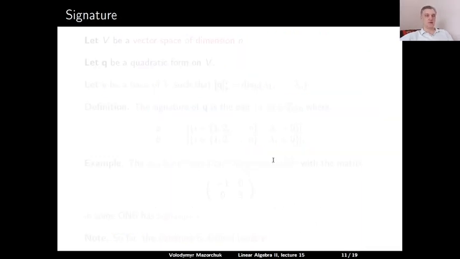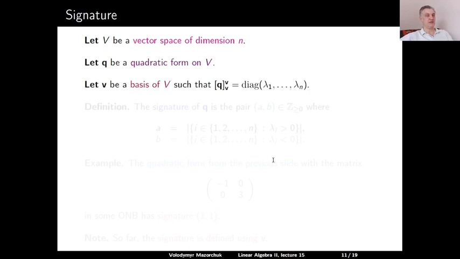Let us also talk about the signature of a quadratic form. Let V be a vector space of dimension n. Let Q be a quadratic form on V. Let bold V be a basis in V such that the matrix of the quadratic form in this basis is the diagonal matrix with lambda 1 and so on lambda n on the main diagonal.